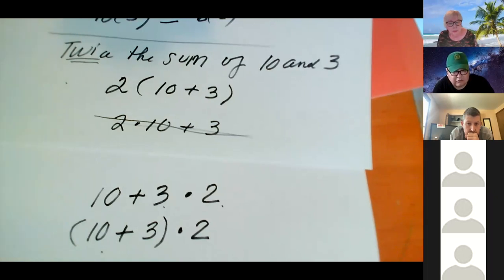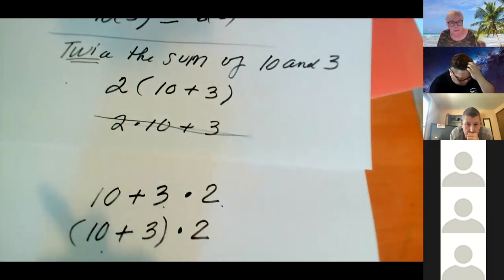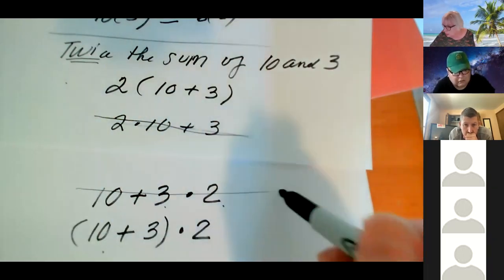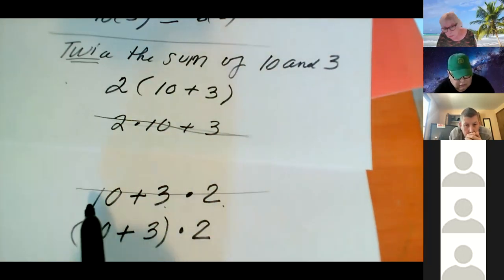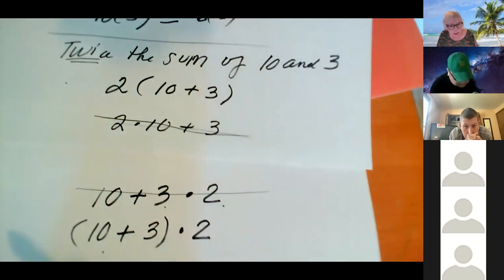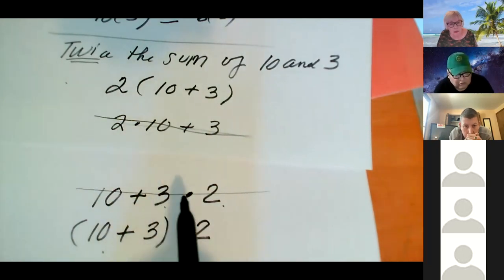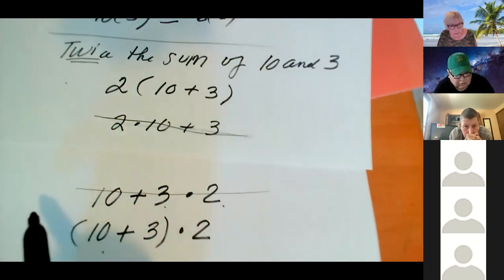Somebody had their hand up. Yeah, you say we're doubling the 10, and I don't get how the 10 is getting doubled if we're going to add 10 plus 3 first. Well, this is no good. That's what we were just discussing. Writing it like this would not be right, because like you said, you're going to double the 3 but not the 10.